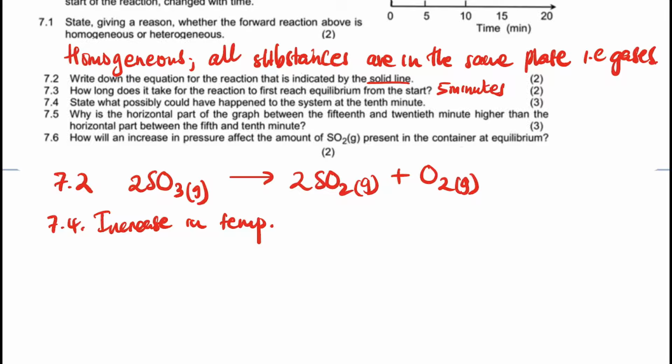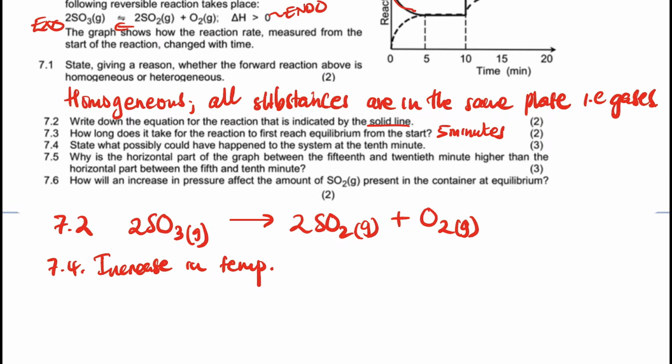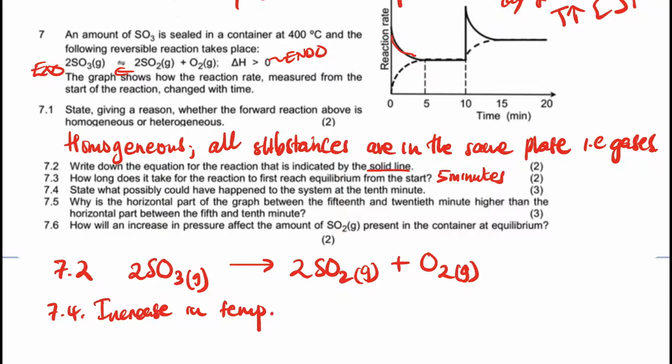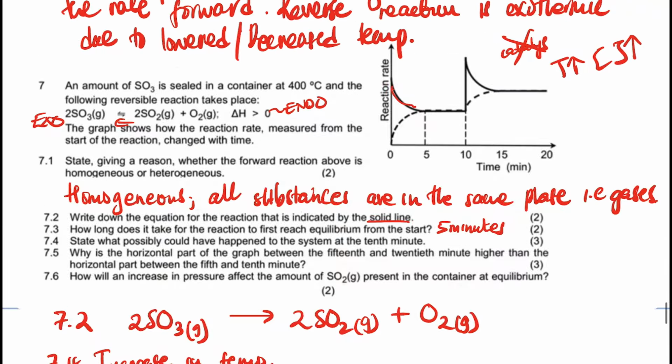Now, but possibly it could be the concentration there, right? It could be the concentration, but the concentration of what? Possibly the concentration of sulfur trioxide. Let's look at it. If we increase the concentration of sulfur trioxide, the system will decrease it and increase the concentration of product, and then forward will be favored.